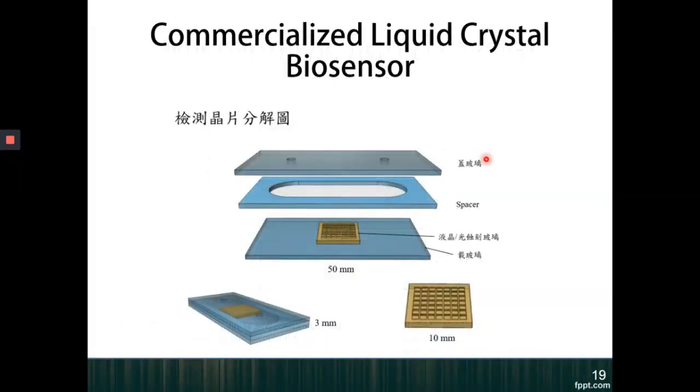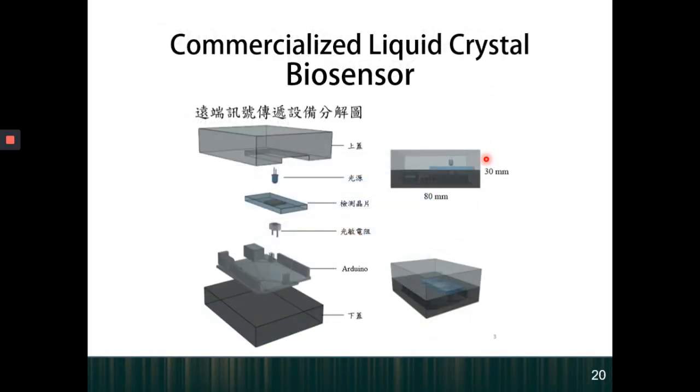And we also try to commercialize the liquid crystal biosensors. It's our design product, design charts here, and we also made the liquid crystal chip inside a box and read out the signal on your smartphone, and that is our future work.